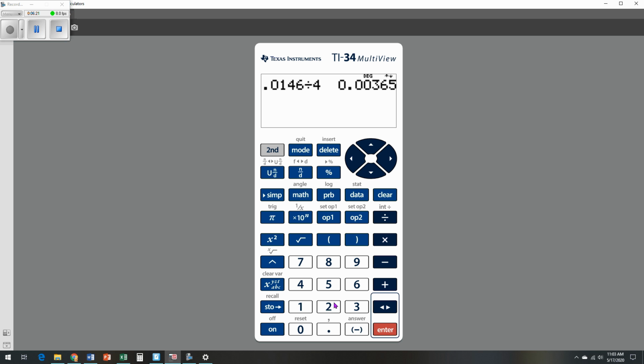Now the parentheses is 1 plus that, so I'm going to add that to 1. Notice how I didn't have to retype it. I just hit plus 1 and it added it together. Now I'm going to raise this to the exponent. We said the exponent was 12, so I'm just going to hit raise to the 12th power. So that's the number in my parentheses.